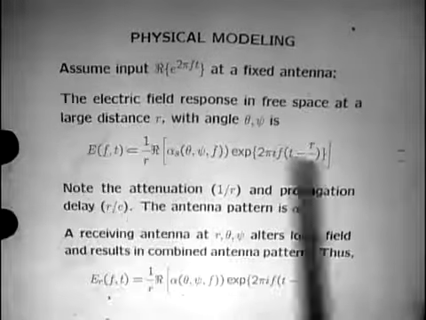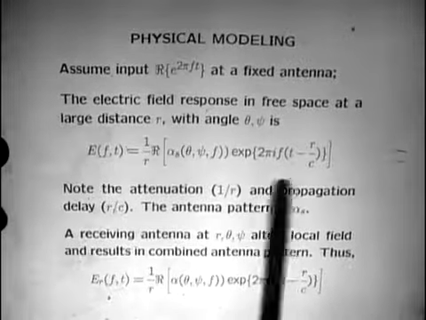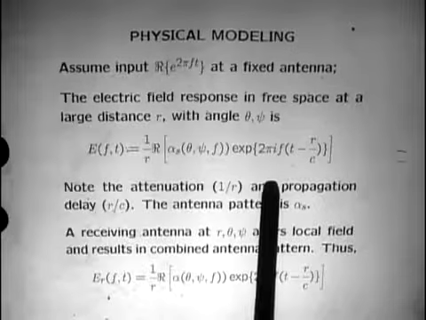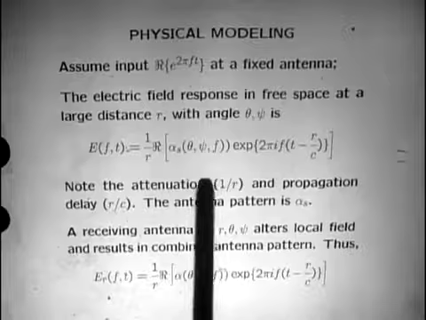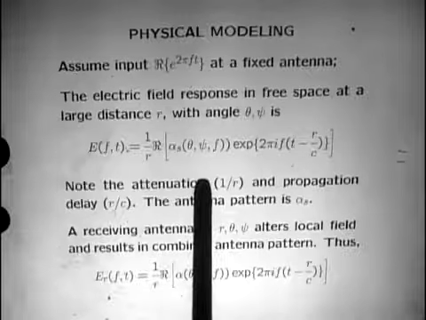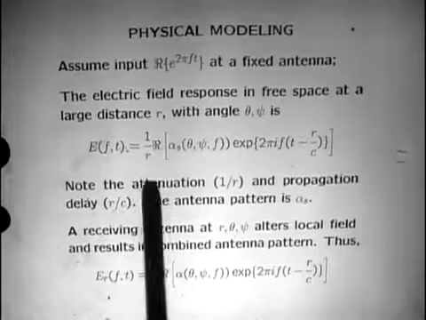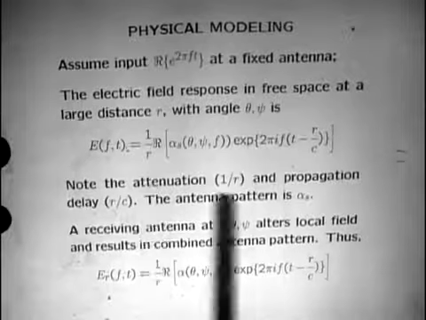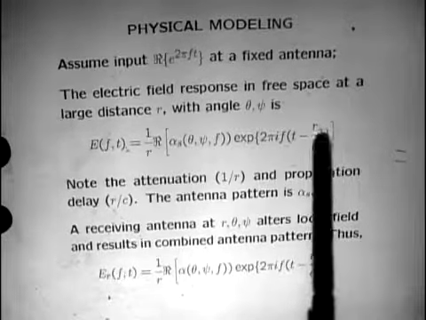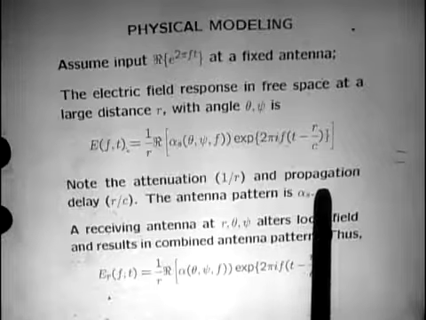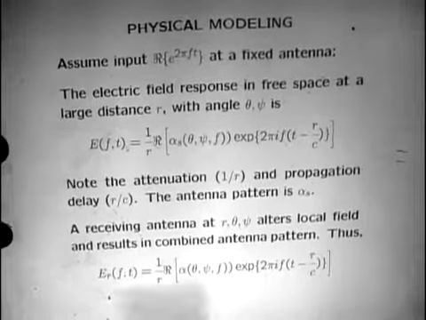So this equation is something you don't really have to know any electromagnetics to derive. I mean, if you want to find out what this term is, yes, you need some electromagnetics. But all this is saying is the power has to be going down as 1 over r, and you have a propagation delay which has to be going as r divided by the speed of light.